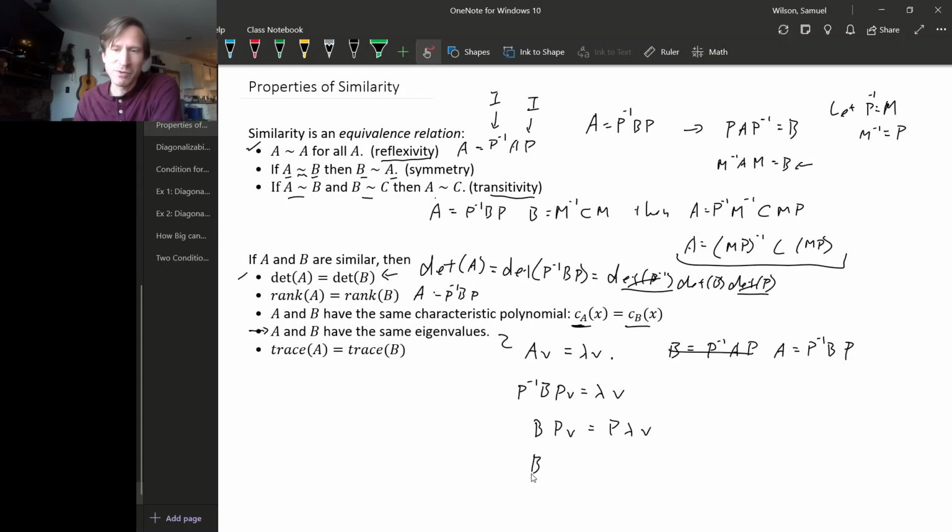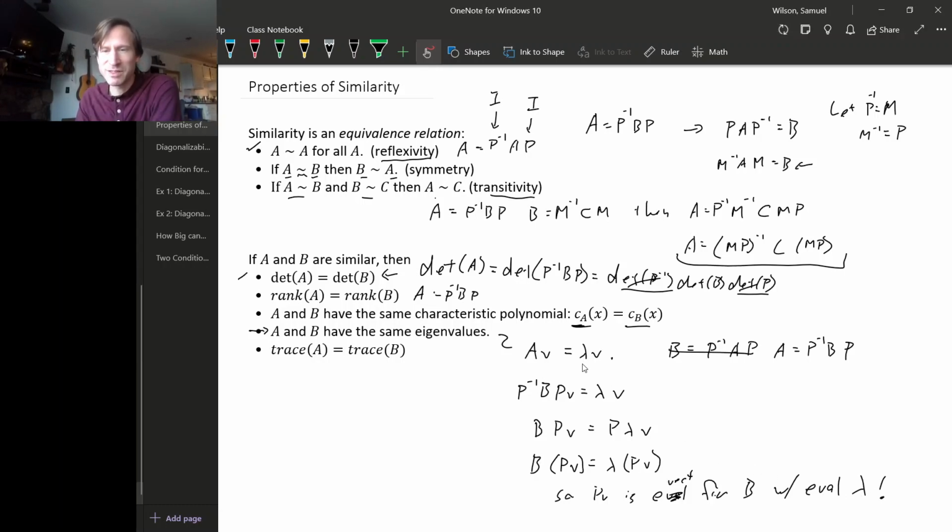But now look, we have B times this vector, PV. And on the right-hand side, this is lambda times the vector PV. So PV is an eigenvector for B with eigenvalue lambda.